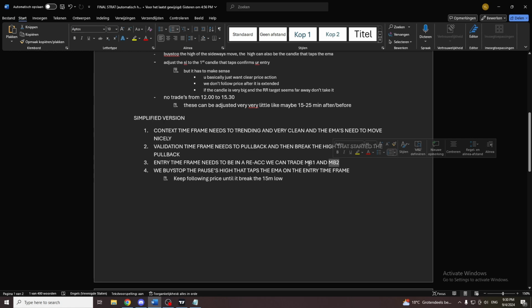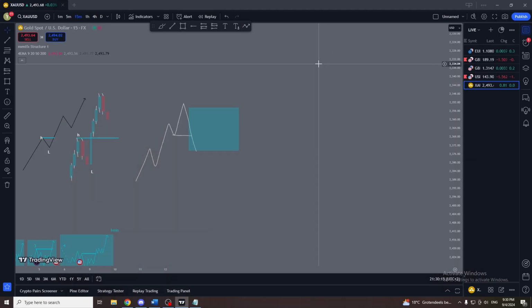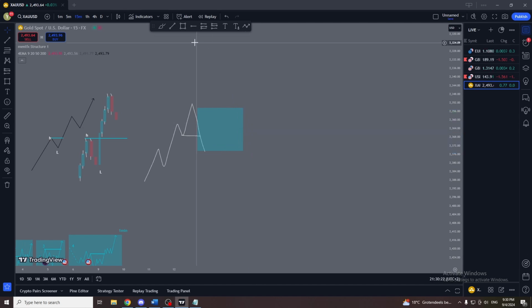It's called MB because it's a concept Mentefix teaches, so he just called it MB. If you want to call it break of structure, you call it break of structure. Nobody cares. So any price action before it breaks this high, I call it inside the reaccumulation.